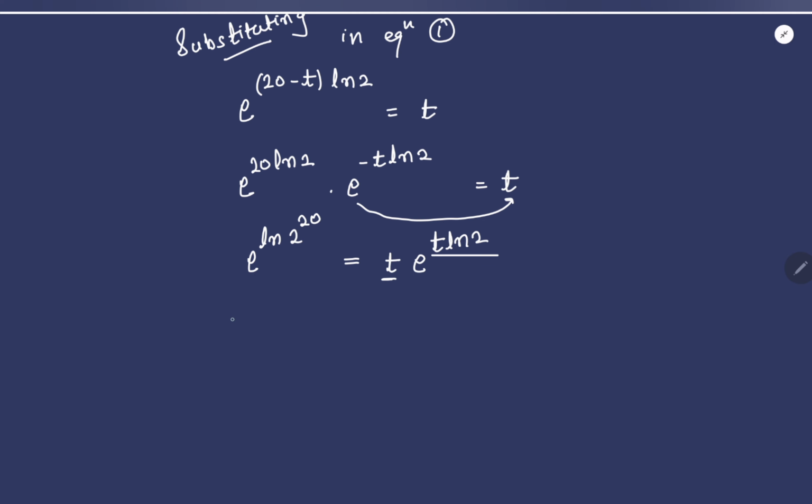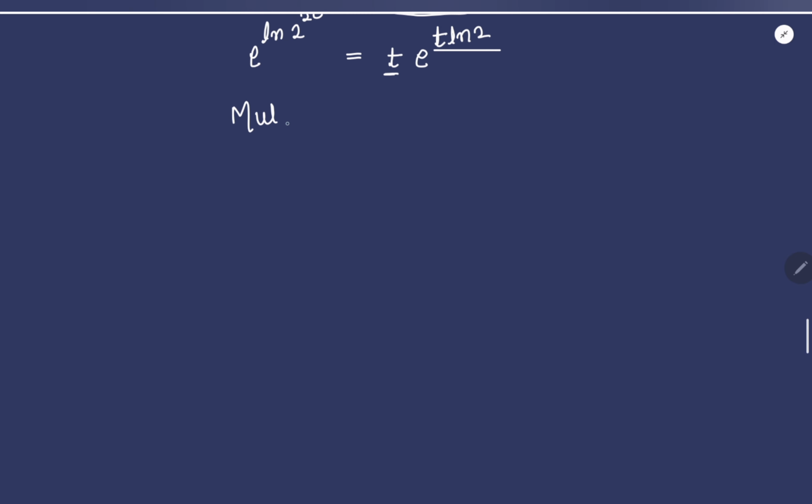So what we will do is multiply with ln 2 on both sides.